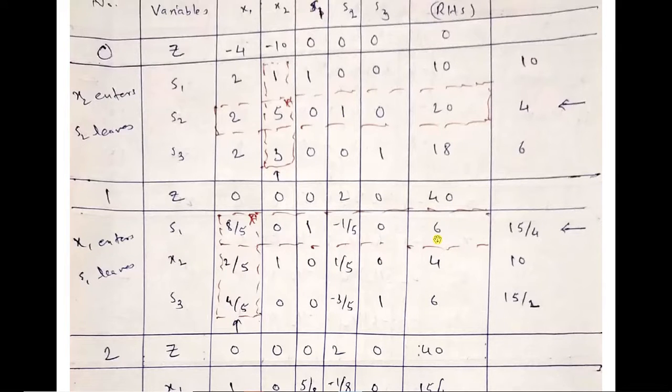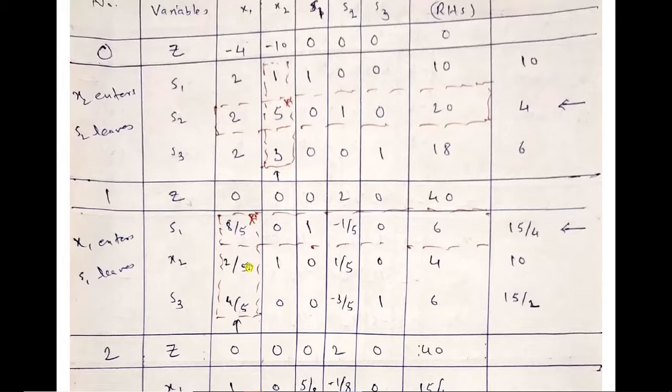But we have to find out alternate optima also, right? So what we will do here, in the Z row, these are the 0 elements. x2 is already in the table. So we will give the entry to this x1. So we will consider this column as a pivot column.